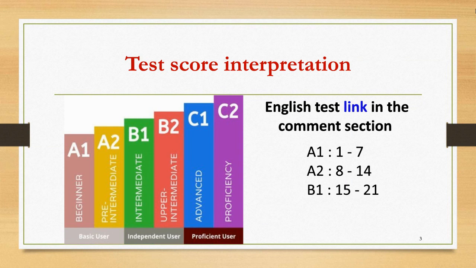If you get from 15 to 21 points, you are in level B1. If your score is in between 22 to 28, your level is in B2. If you succeed to get more than 29 points, you are definitely in an advanced level.